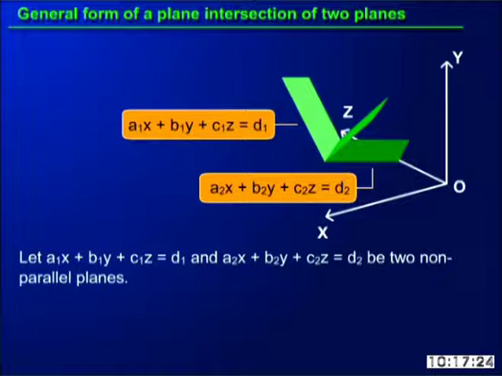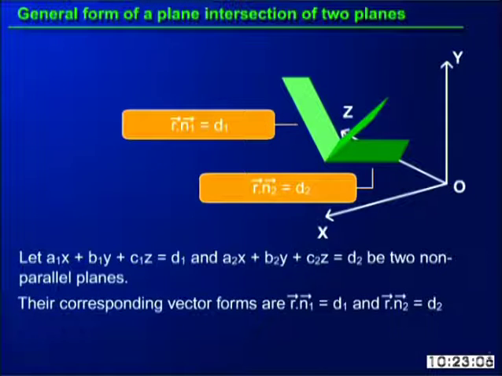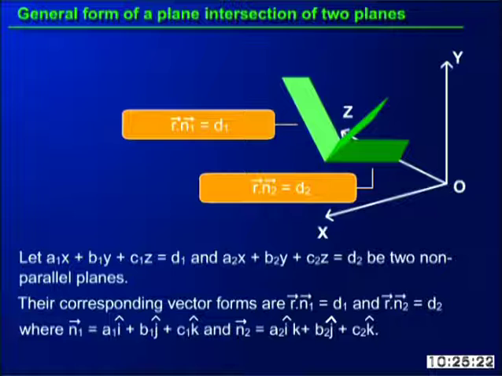Their corresponding vector forms are vector r dot vector n1 is equal to d1 and vector r dot vector n2 is equal to d2, where vector n1 is equal to a1 into i cap plus b1 into j cap plus c1 into k cap, and vector n2 is equal to a2 into i cap plus b2 into j cap plus c2 into k cap.